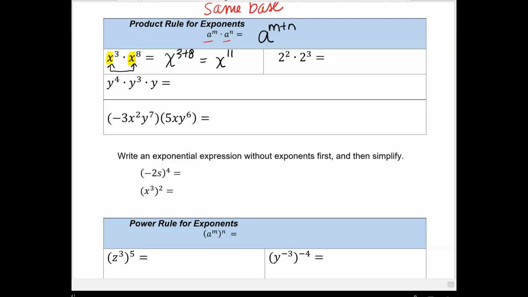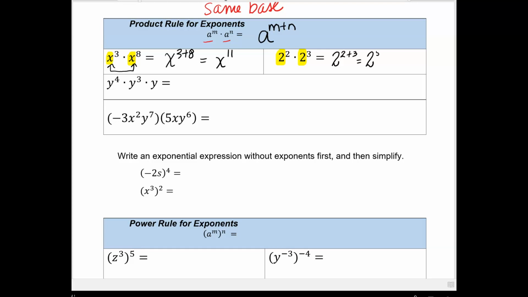Similarly, when you go over here to 2 to the 2nd times 2 to the 3rd, we have the same base because 2 is being raised to the 2nd and to the 3rd. So what we can do here is write down 2 and add the exponents to get to your answer. Of course, you could do this in another way, right?